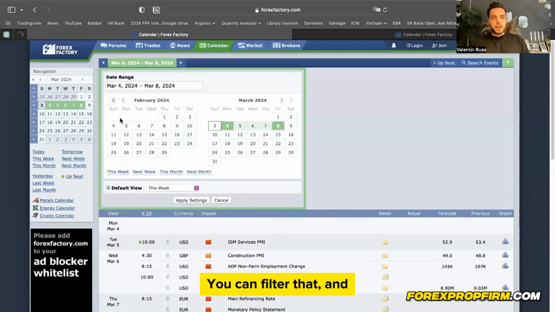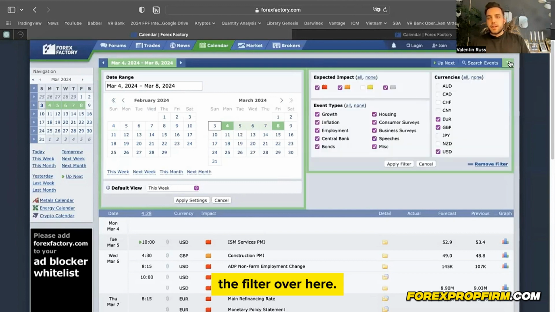You can filter that, and you can filter the week as well, because we are on the second week of March, and here I'm using Monday the 4th to Friday the 8th as data. You can click on the filter over here, and you can filter by currencies, by impact, and you can filter the event types.